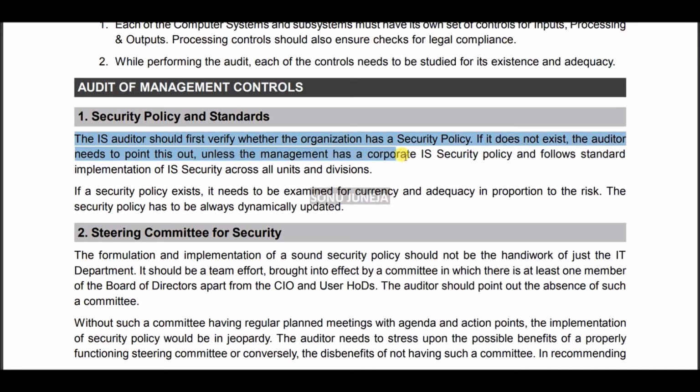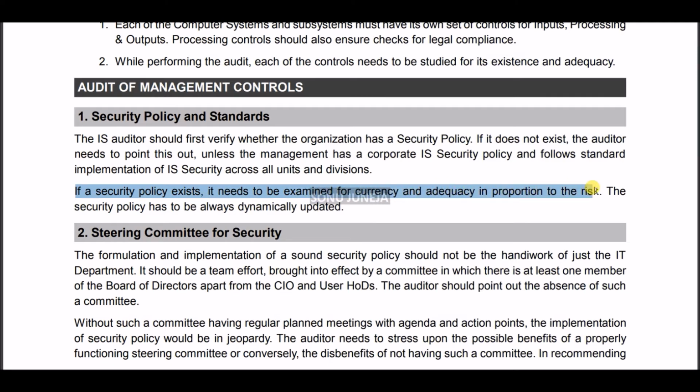Unless the management has a corporate information system security policy and follows the standard implementation of such across all the units and divisions. If a security policy exists, it needs to be examined for currency and adequacy in proportion to the risk. The security policy has to be always dynamically updated.